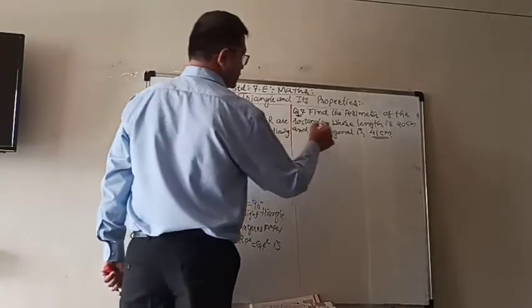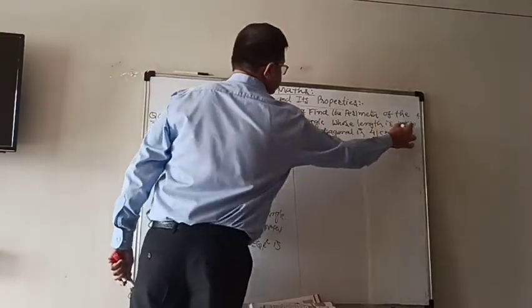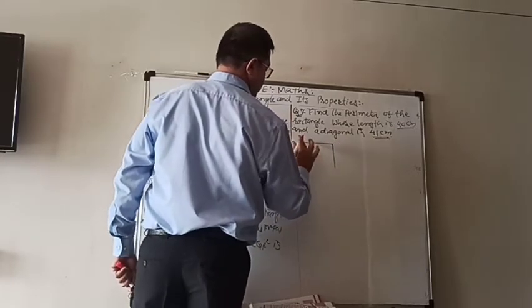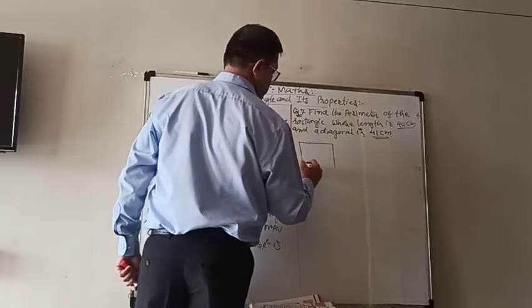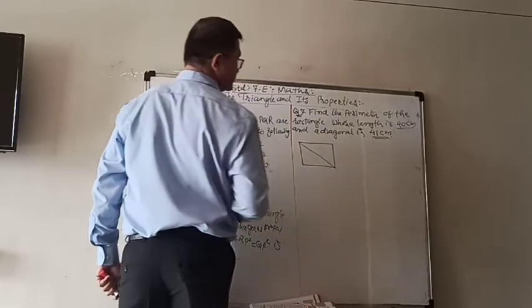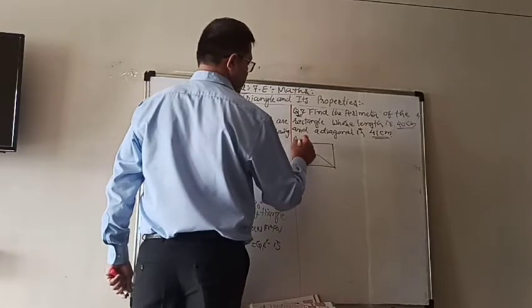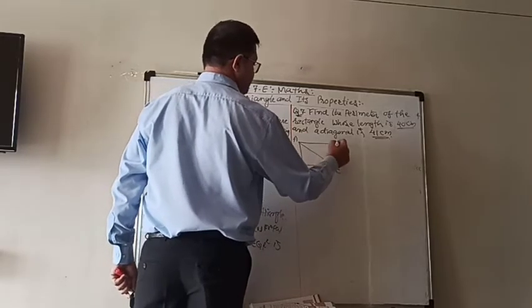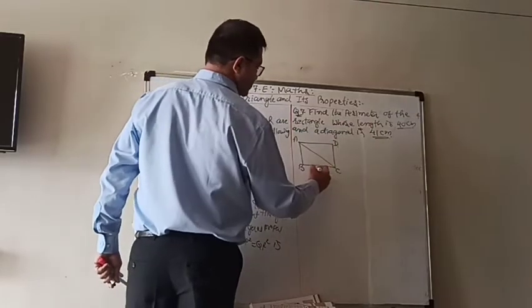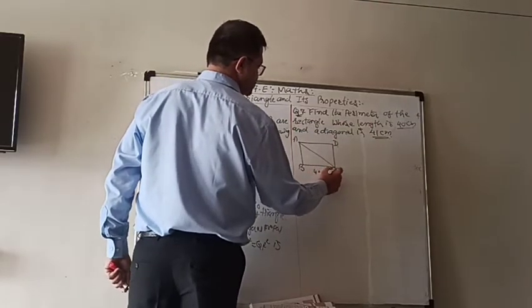Now only one length is given. Let's draw a rectangle and let's draw one of the diagonal. A, B, C, D. So length is given 40 centimeters. So let's we take this as 40 centimeter.